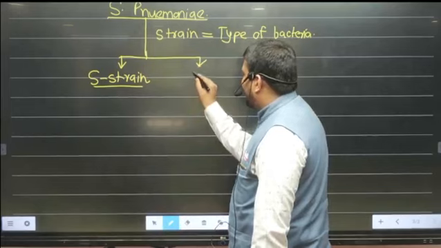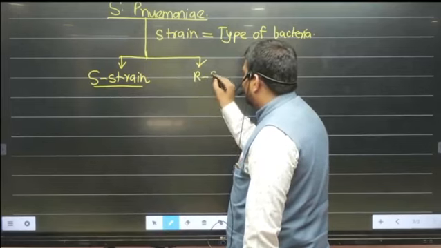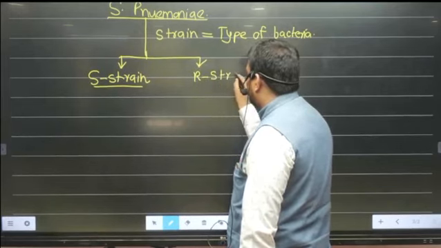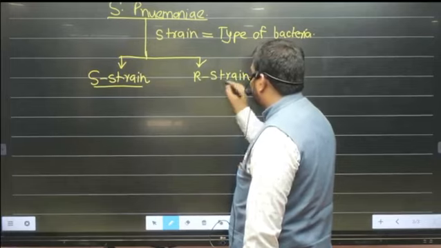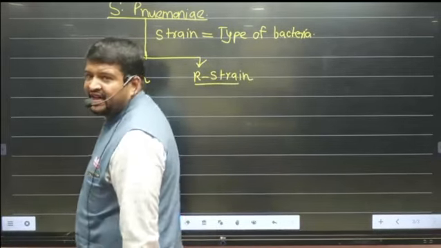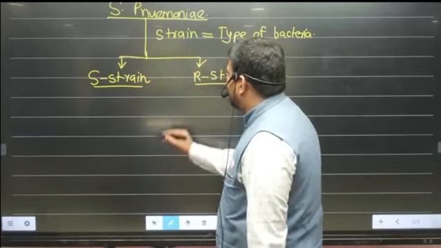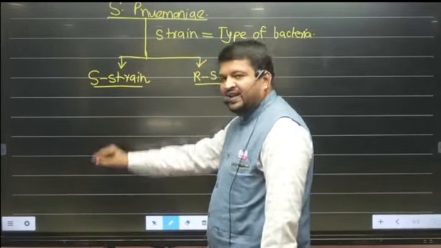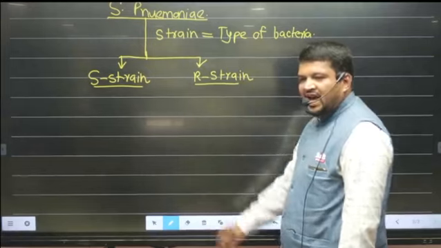On the other hand, the second kind is called the R strain. These two strains were used by the scientist Frederick Griffith for his research work.